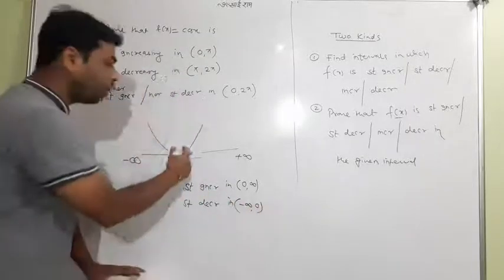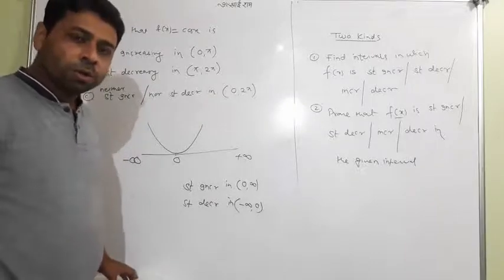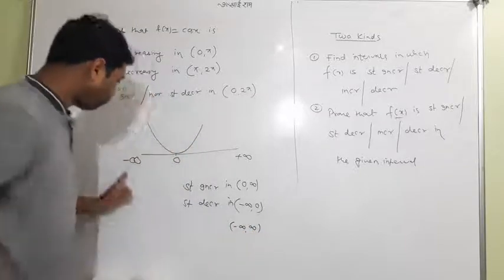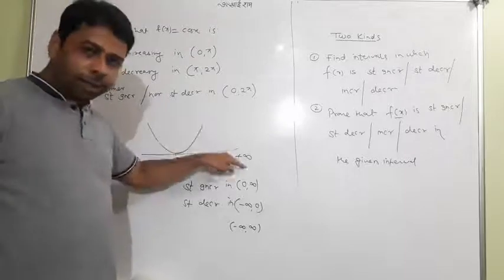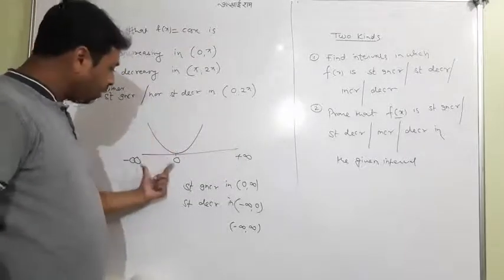That is very simple by looking at the picture. But if I ask you the nature of the function in minus infinity to infinity, you will see that in some subintervals it is decreasing.